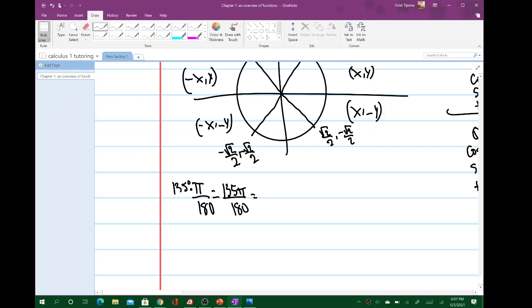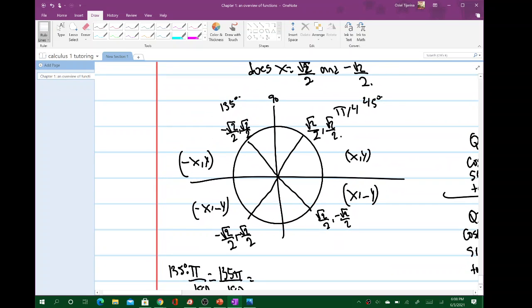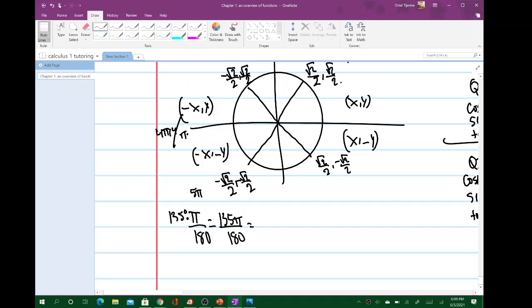This is really just, so let me go ahead and try to work this out. Okay, so just think of this one as pi over 4, this is pi over 2, but it's also 2 pi over 4. This one is 3 pi over 4, and then this is 4 pi over 4, or pi, right? And then this one is 5 pi over 4, and then this would be 6 pi over 4, or 3 pi over 2. And then this would be 7 pi over 4.